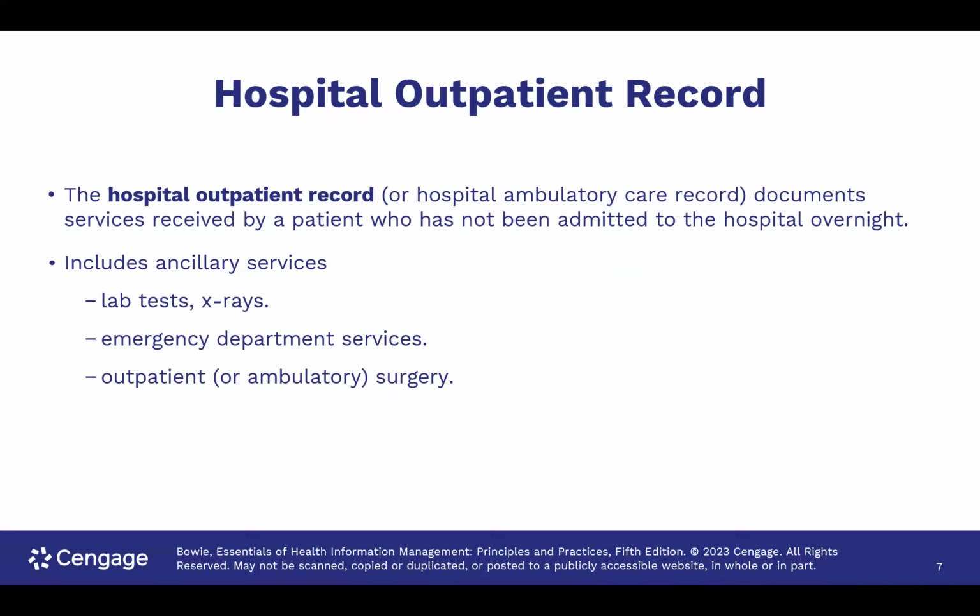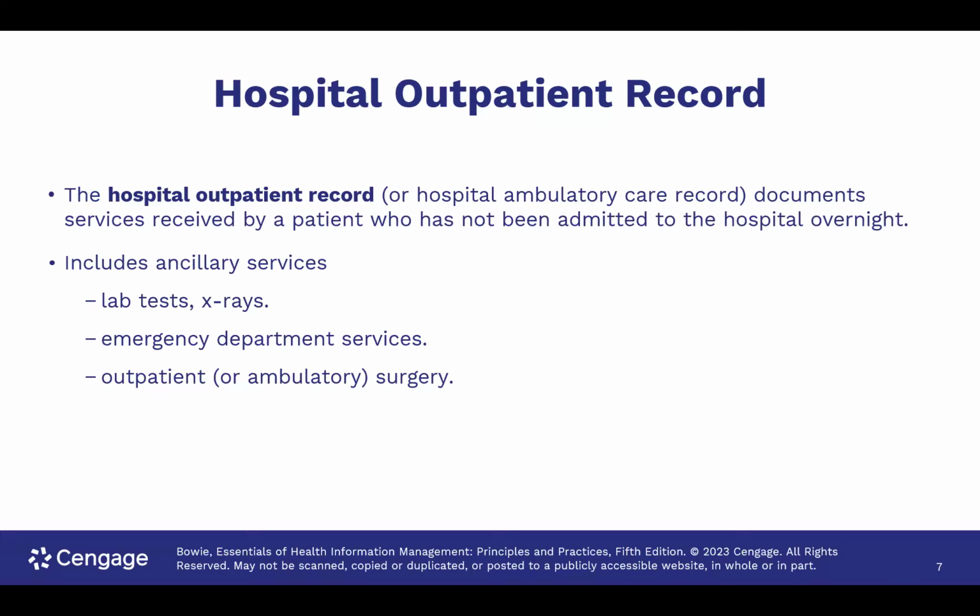Now we get into hospital outpatient. This is hospital ambulatory care. As many of us who've had an x-ray done at a hospital, even though we weren't admitted overnight, these are the types of services. And this could include labs, imaging, x-rays, CT scans, emergency department records, ambulatory surgery, and so on.